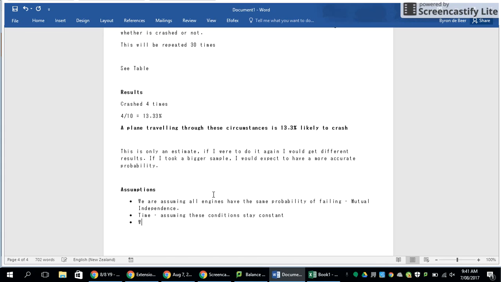We're also assuming weather. That could be one, because birds are the thing that's affecting this, and if birds are affected by weather or even time of day, that would change whether there would be any birds actually hitting the airplane. All right, birds don't change with regard to weather or time of day.